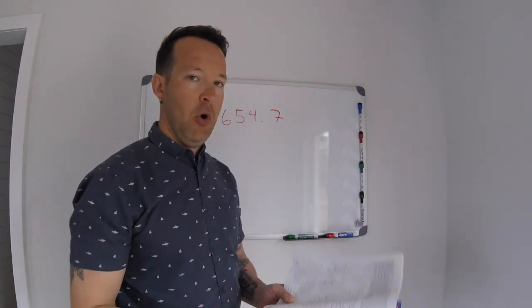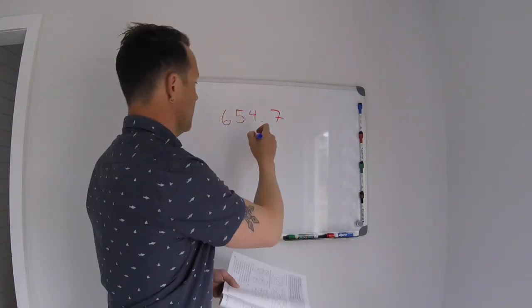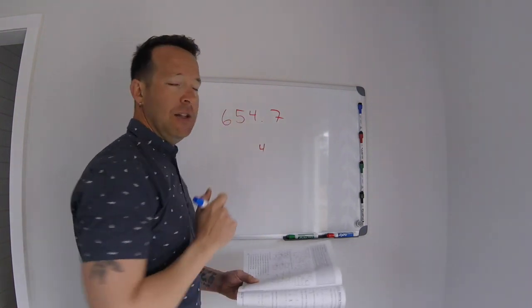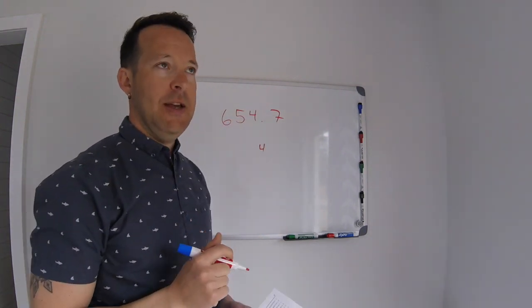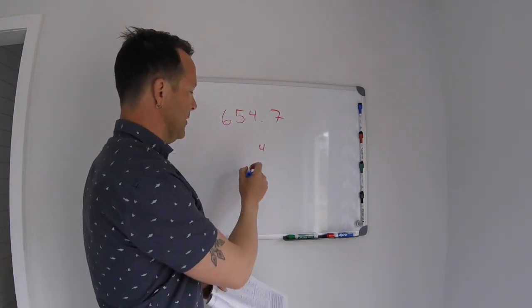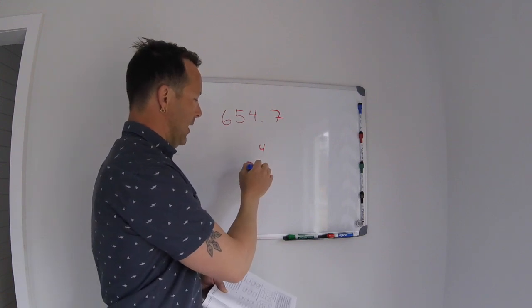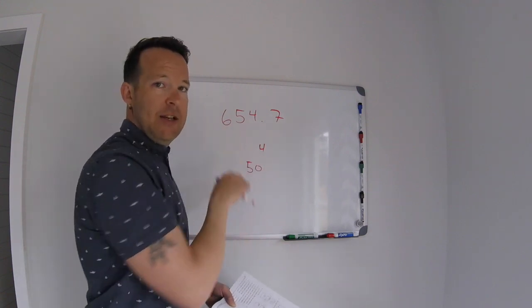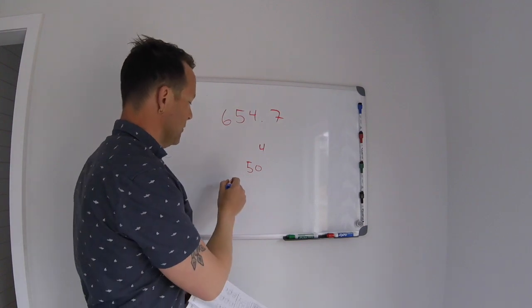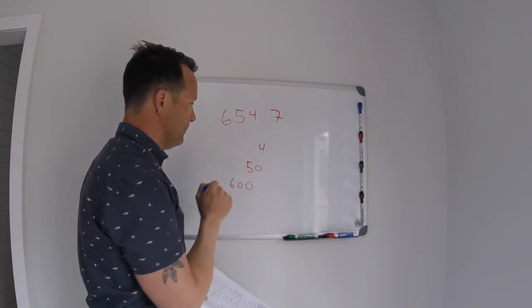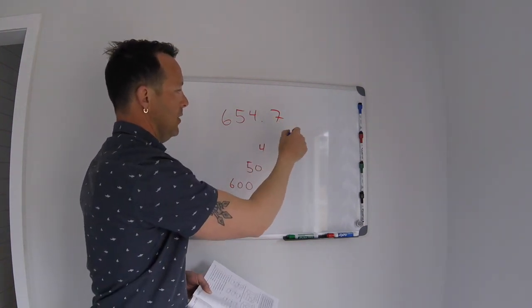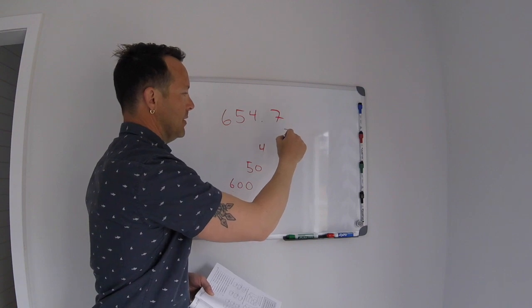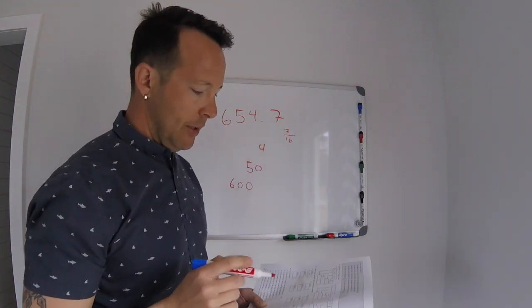Well, the value of 4 is 4. The value of the 5, it's in the tens column, so it's 50. And the value of the 6, it's in the hundreds column, so it is 600. And the value of that they've told us is 7 over 10.